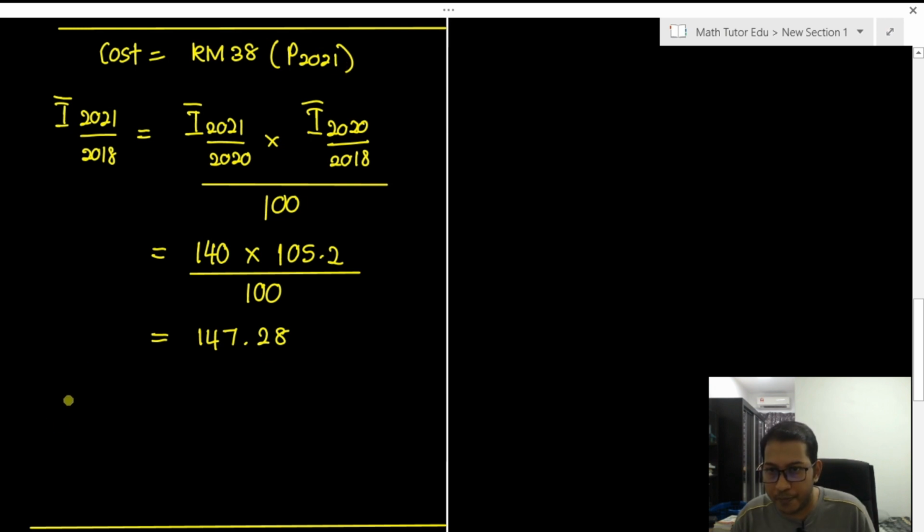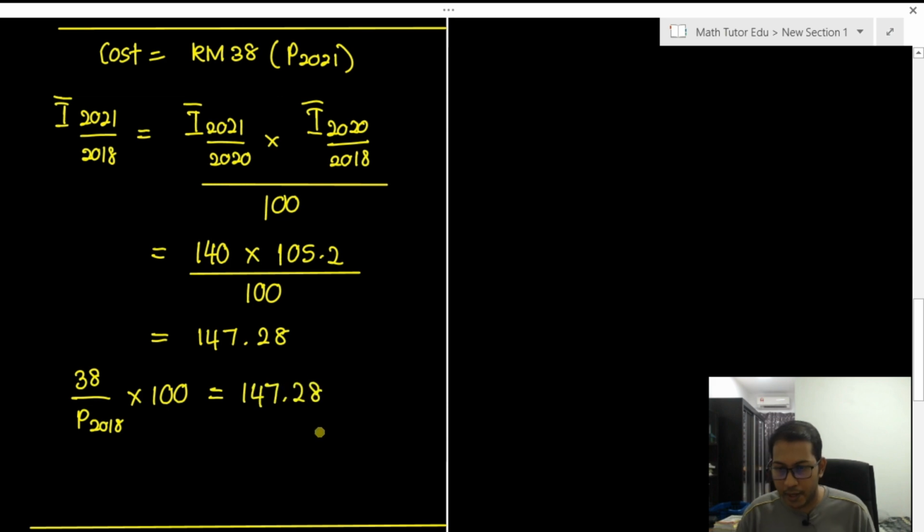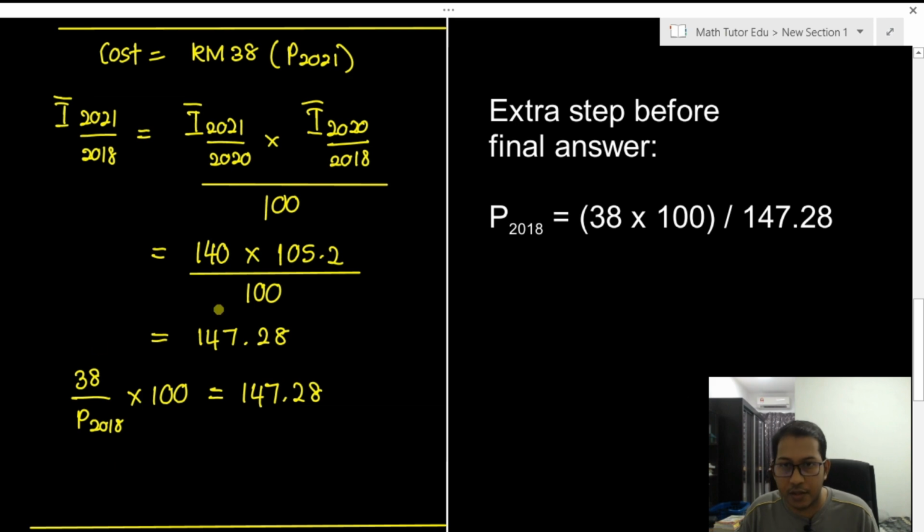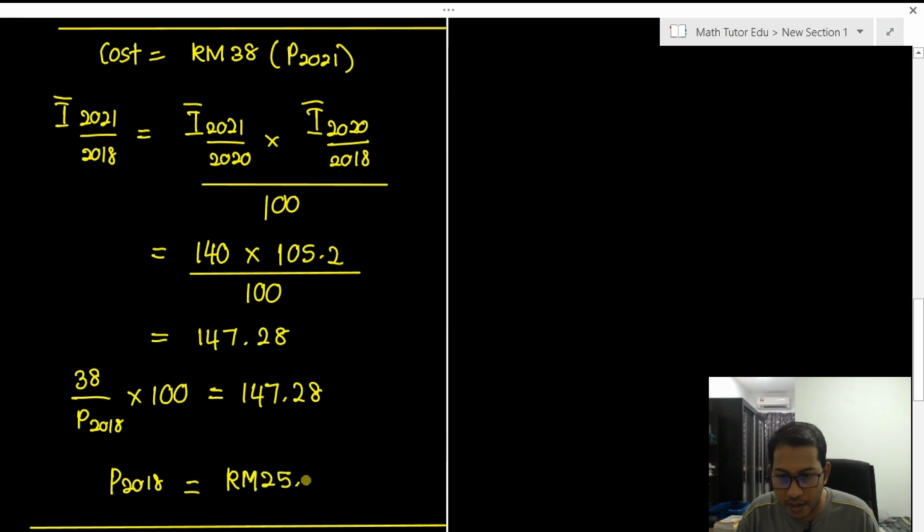So given 38, let me write this properly. 38 divided by the price in 2018 times 100 equals 147.28. You calculate this, and you should get 25 ringgit and 80 cent. So this is your answer for question part C.